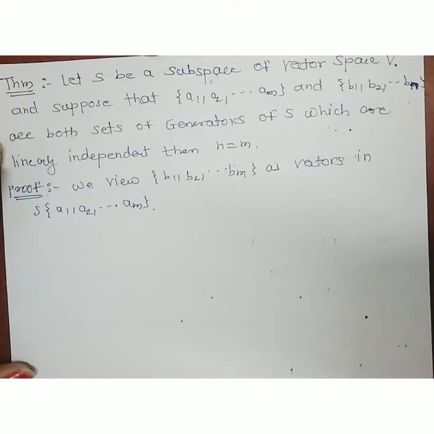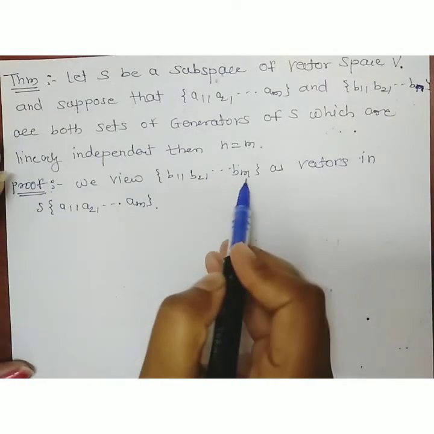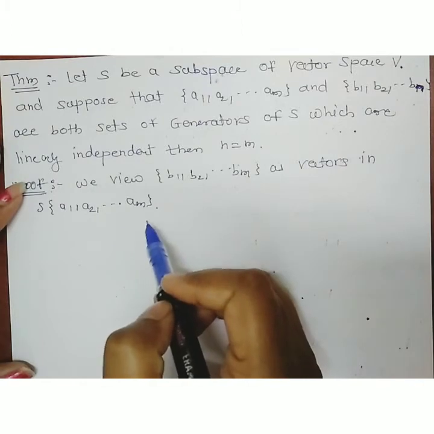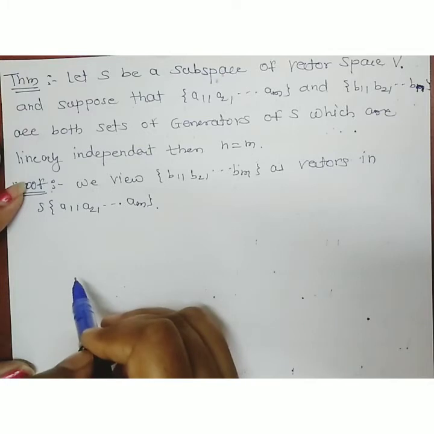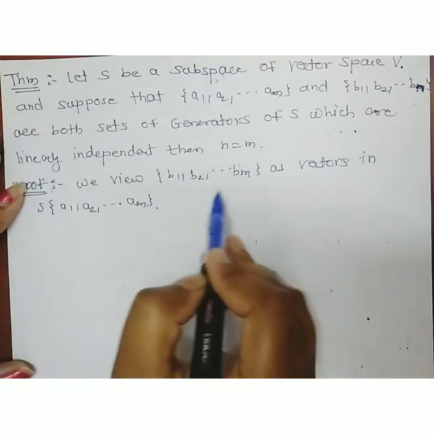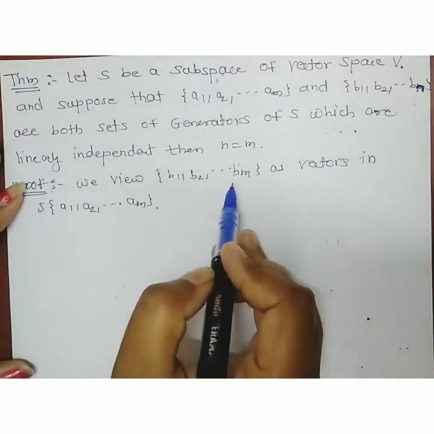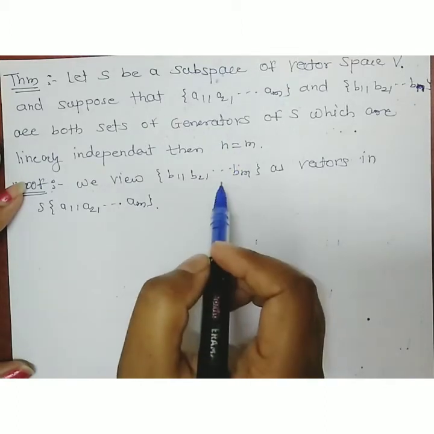Why should we write this? As we know, B1, B2, Bm is a generator set of the set S. Also, A1, A2, Am is a generator set of S, as B1, B2, Bm are elements in the subspace S.